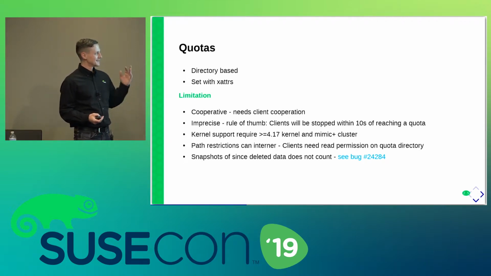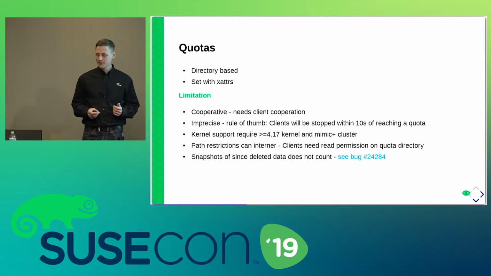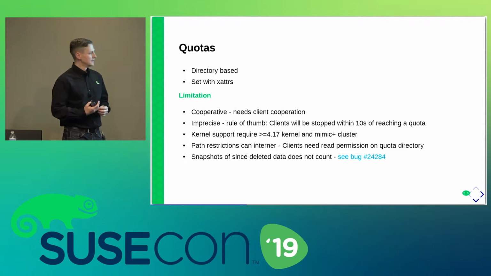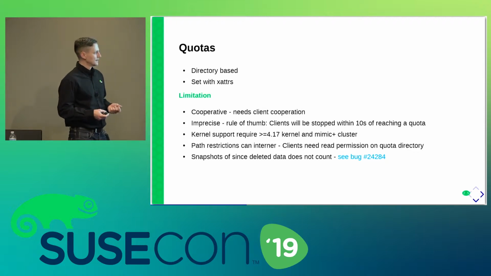So the current implementation is a first approach, and there is actually a PR open right now that implements user and group-based quotas, which is heavily discussed. So there is some development there. But basically the quotas need cooperation from the client. So if you have a malicious client, they can just ignore the quota settings because these limitations are adhered to in the client, not in the servers.